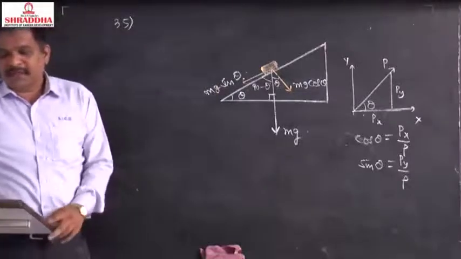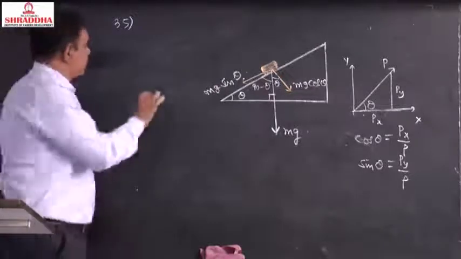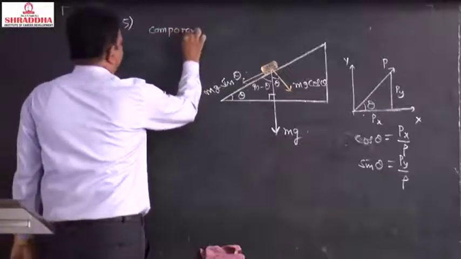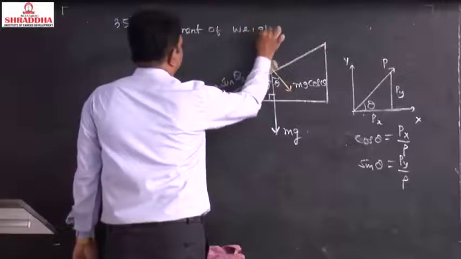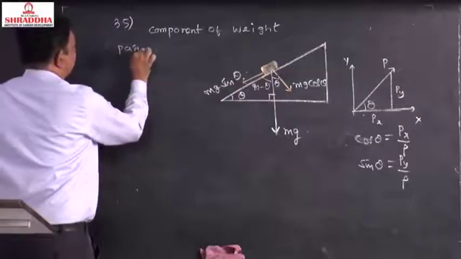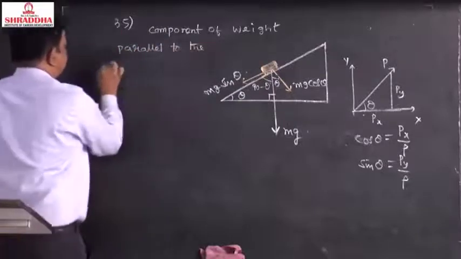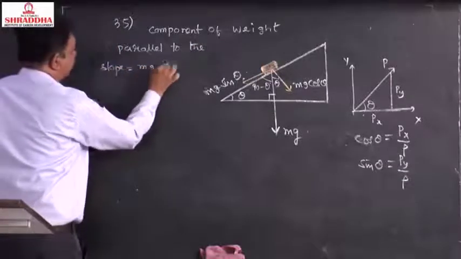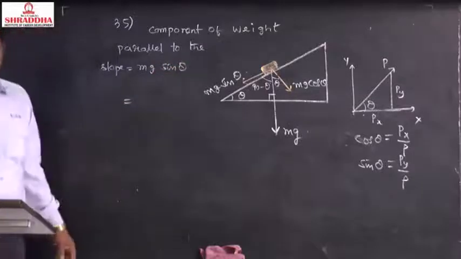What are they asking? Component of weight parallel to the slope is equal to mg sin theta.